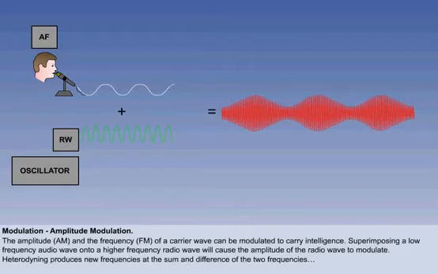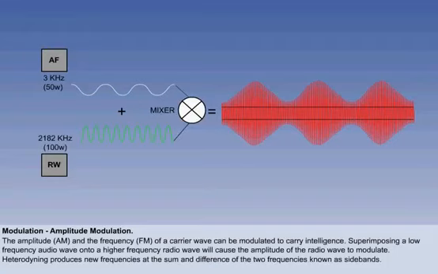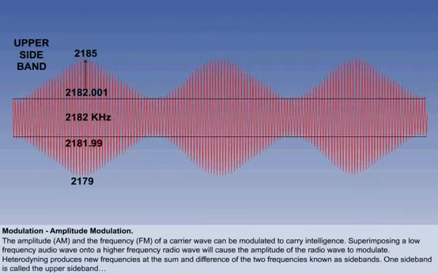For example, an audio frequency of 3 kHz and a low power of 50 watts is used to modulate a radio frequency of 2182 kHz, which has a high power of 100 watts. The radio frequency remains unchanged, but the audio frequency is split into two sidebands. One sideband extends upwards from 2182.001 kHz to 2185 kHz, the upper sideband.